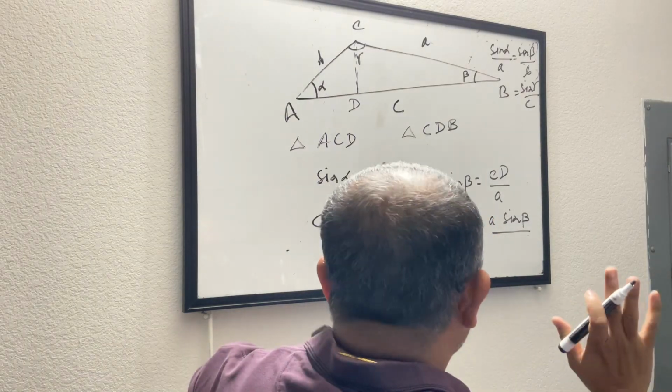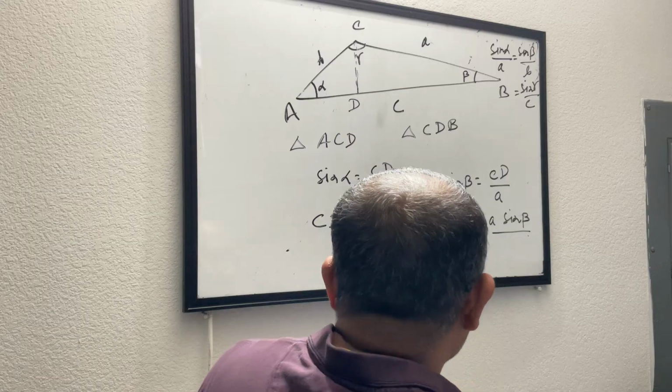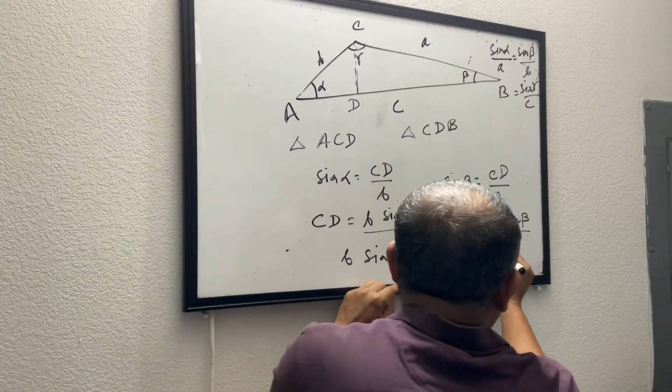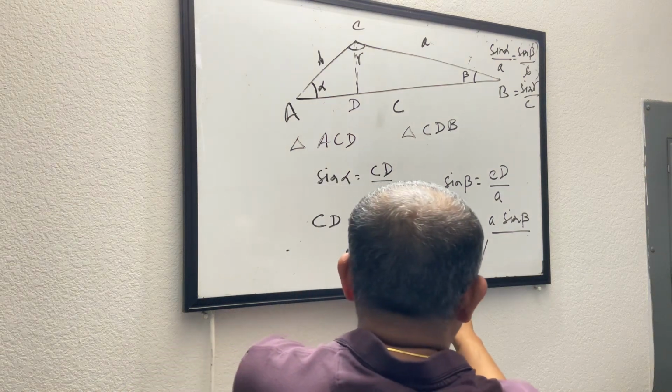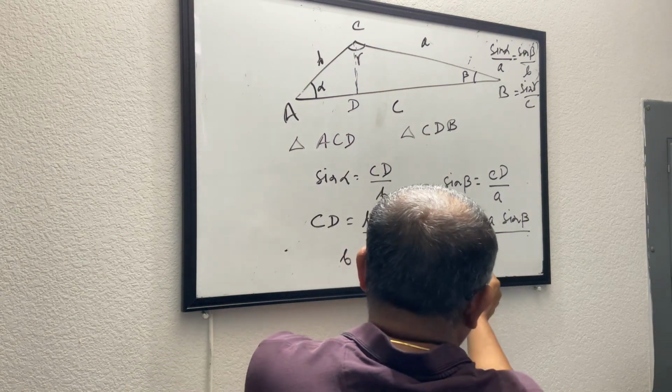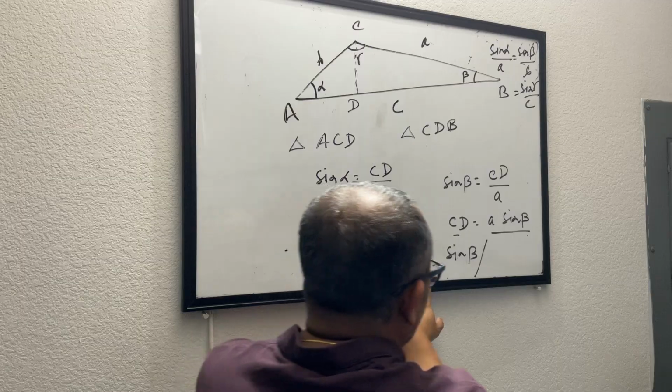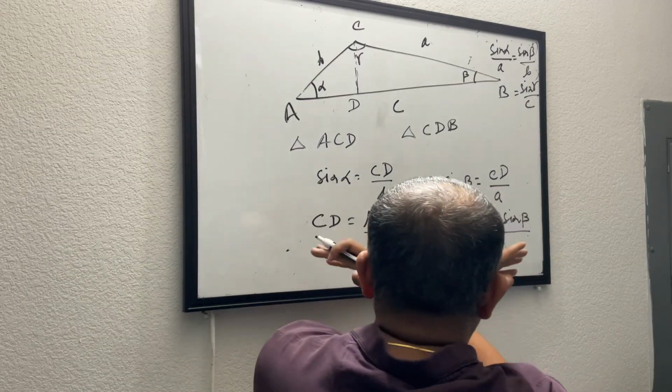No. I know you are thinking, and probably overthinking right now. But let's first get to what we were trying to achieve, and then we'll deliberate this. Okay, so now I'm moving. This is A times sine of beta. This is B times sine of alpha. So I'm moving A and B to the other side.